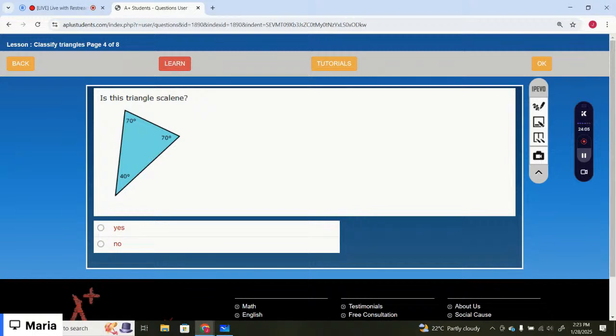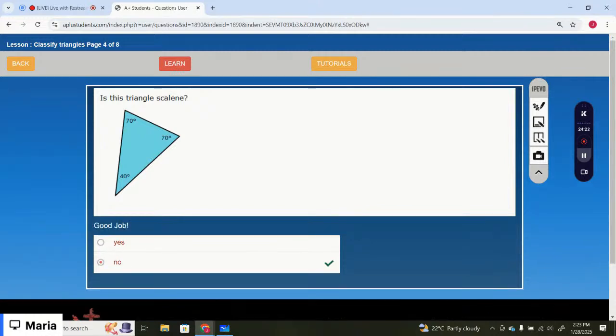Is this triangle scalene? No, that is not the scalene triangle. The correct option is no. Very good.